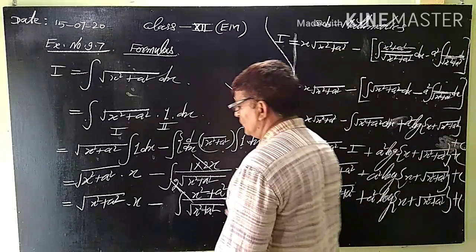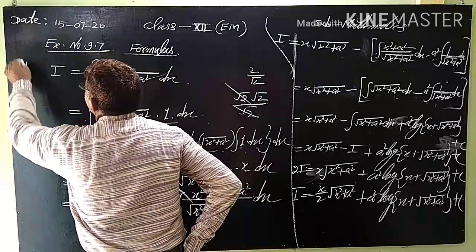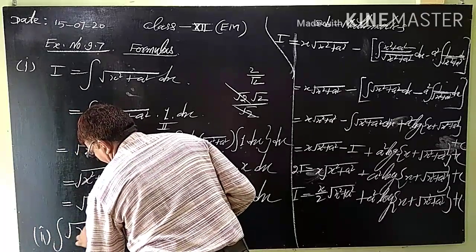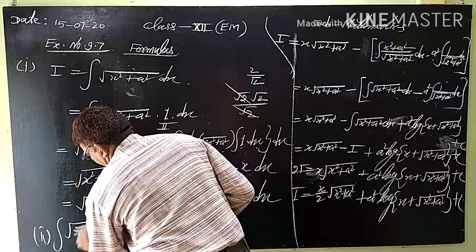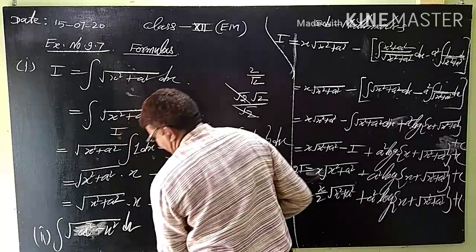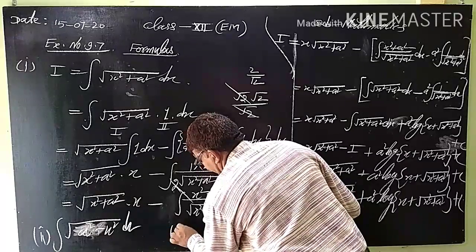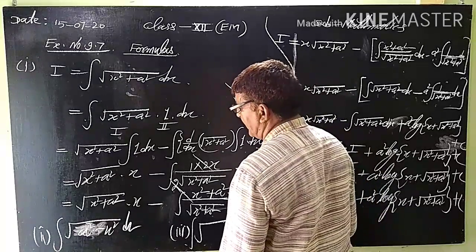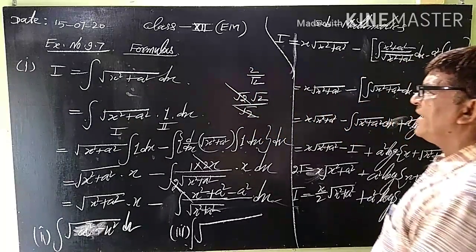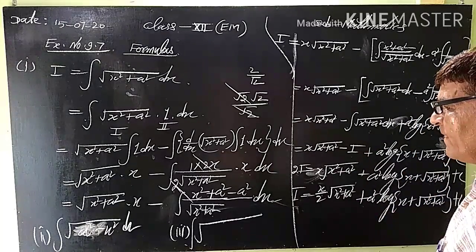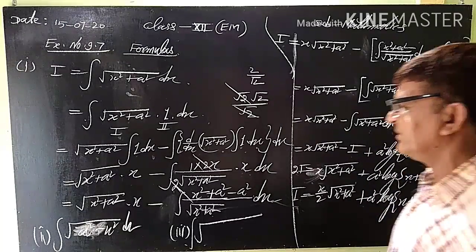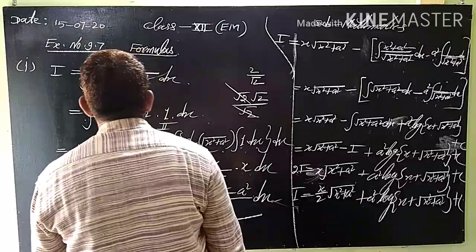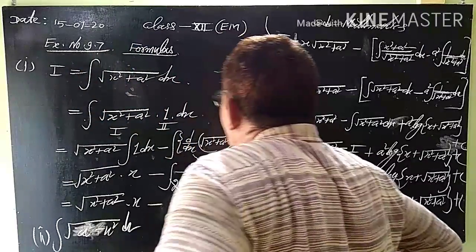What are the other two? This is first, and second is under root x square plus a square minus x square dx, and third is under root x square plus a square minus x square, and a square plus x square is taken a square minus x square minus a square.